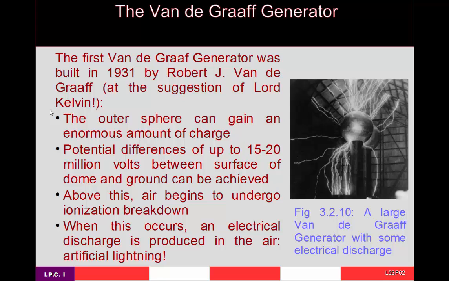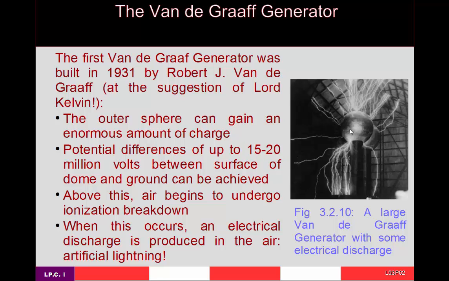What happens basically is you have a conducting sphere, upon which you're able to place a very large charge, be it positive or negative. And so you're able to produce between that sphere and the ground a potential difference of up to, for a very large, very nicely designed one, 20 million volts.